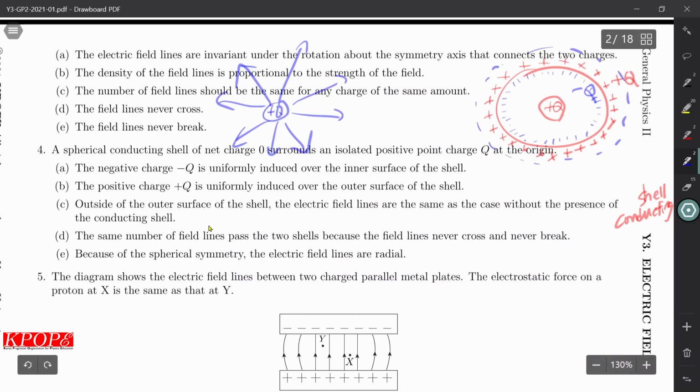If we consider this shell, a little bit bigger shell, then the amount of net charge is plus Q, just like this. So outside, the electric field line is like that.